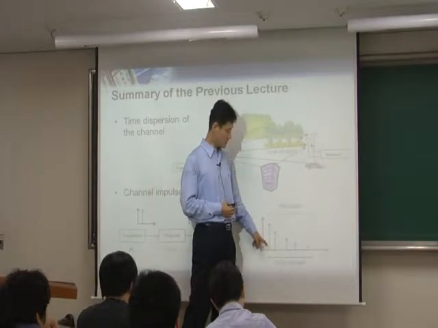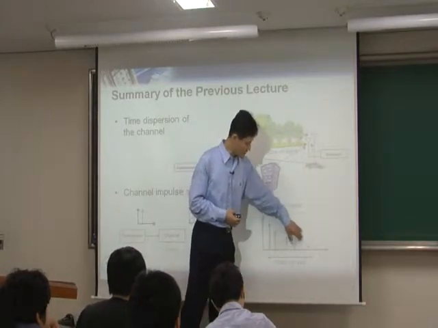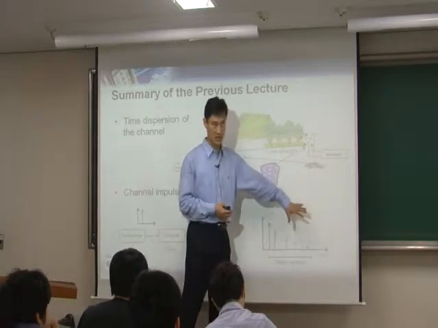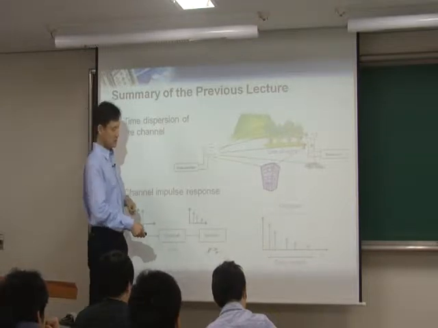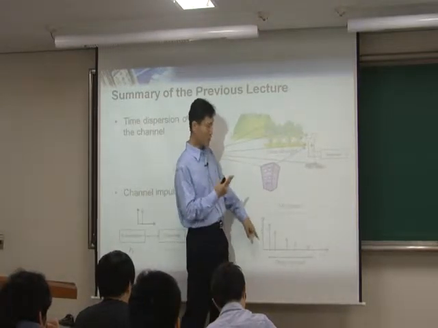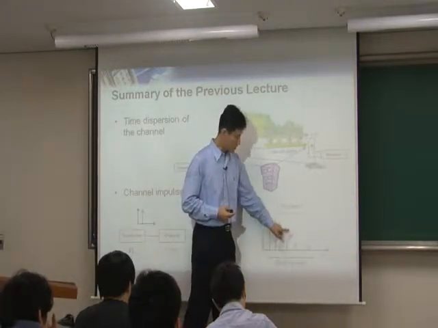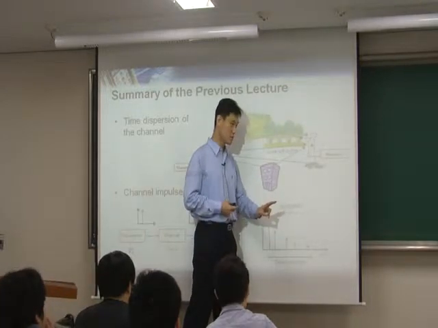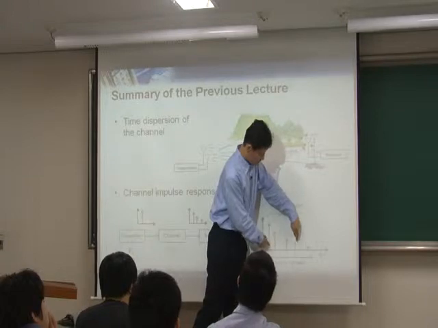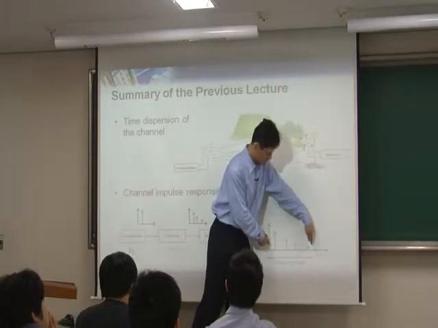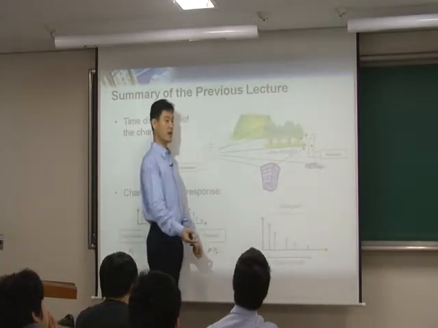Another important thing is how much these delays or multipaths are spread over time. That's another important factor, and it's called the delay spread. Let's say you have one path here and another one here, so there are only two multipaths. Sometimes the delay between these two paths would be very large, right? That's also bad.